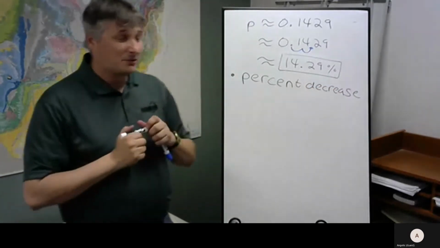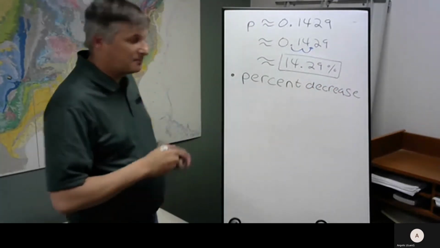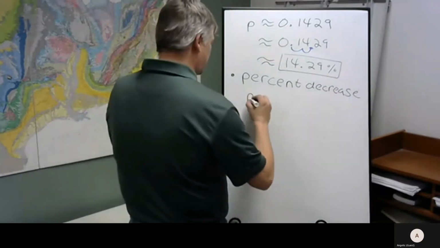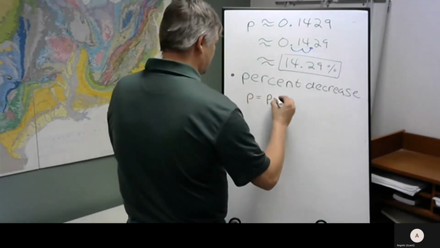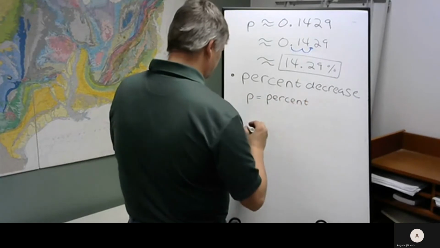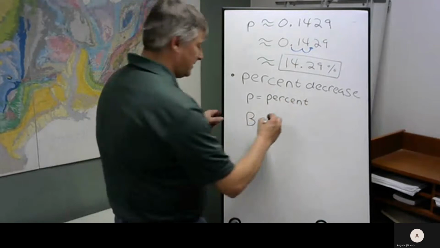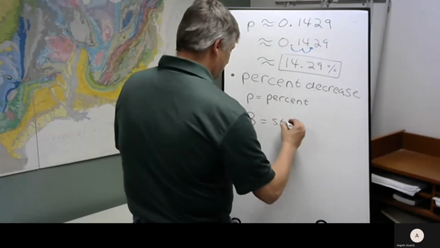So percent decrease. So the idea here again, lowercase p is a percent. Again, B is going to be a starting base.